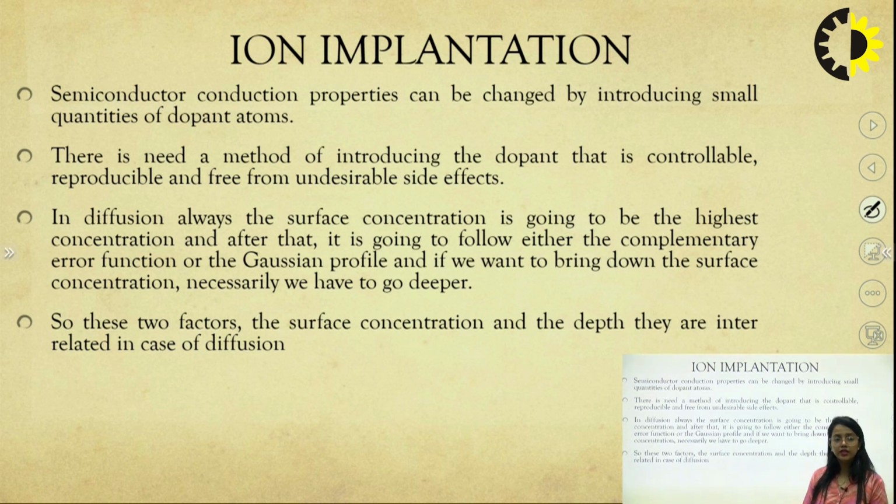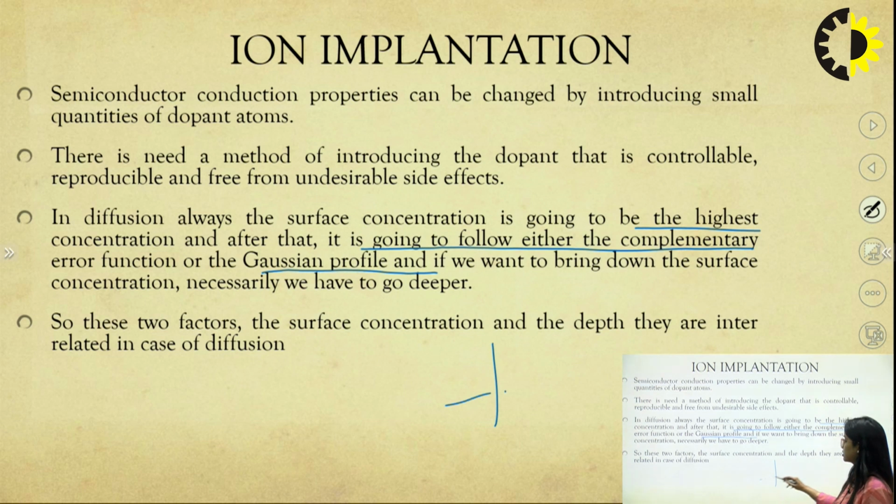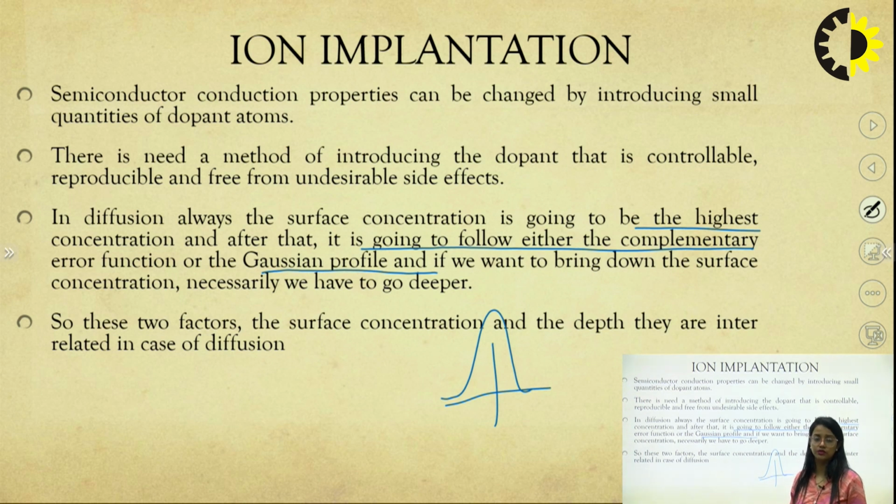So in diffusion, the surface concentration is always going to be highest, and after that it is going to follow either the complementary error function or the Gaussian profile. The Gaussian profile is nothing but this one. If we want to bring down the surface concentration, necessarily we have to go deeper. So these two factors, the surface concentration and the depth, are interrelated in case of diffusion.